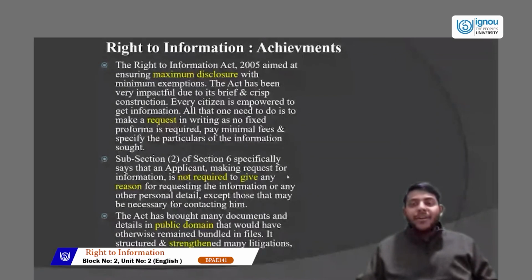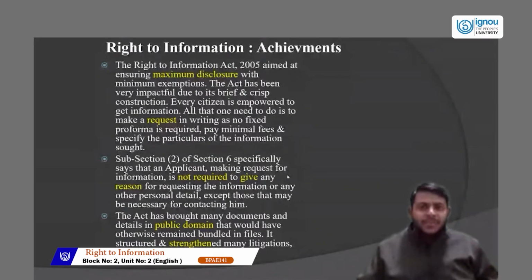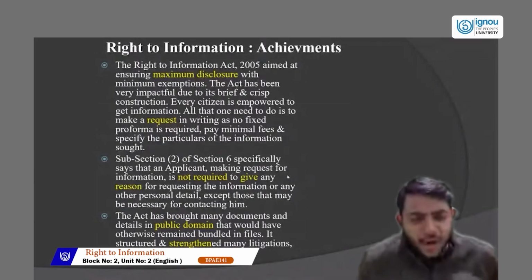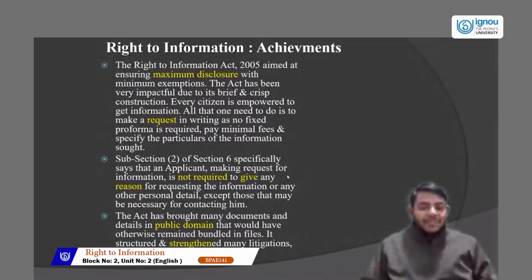So you do not need to give any reason why you are seeking the information. The applicant is not required to give any reason for requesting the information, or any other personal details, except those that are necessary for contacting that person.